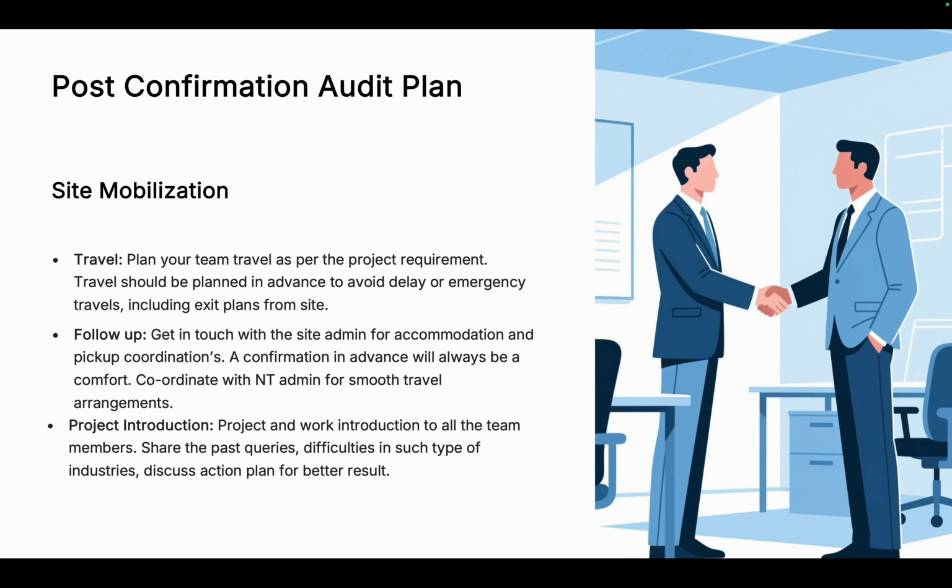So the TL has to be very clear about their travel plan. The TL has to be very clear about where they are going to be accommodated, and the TL has to be very clear about the complete team and the persons.